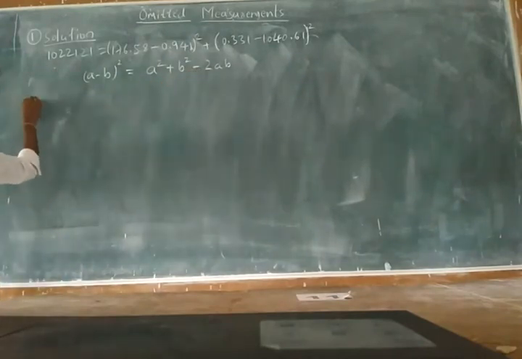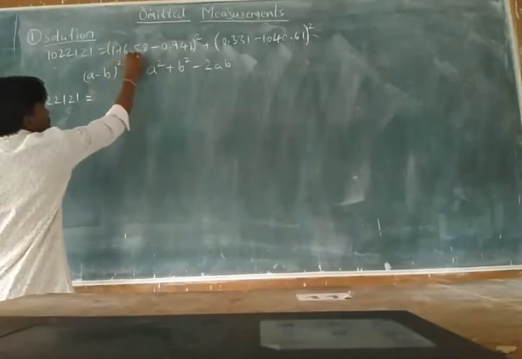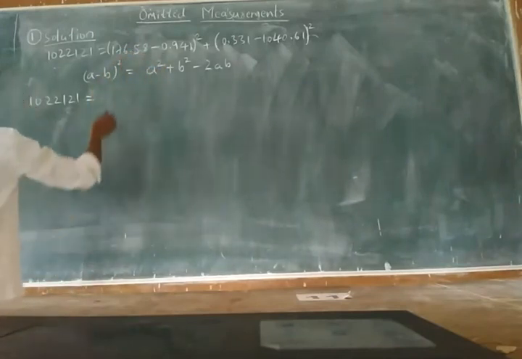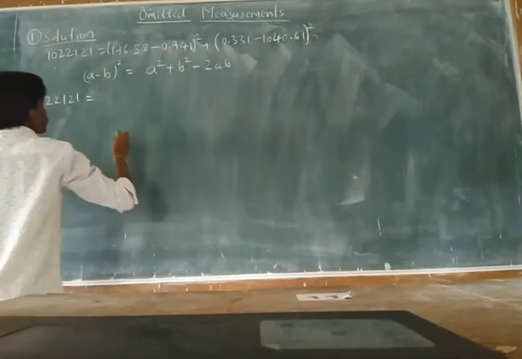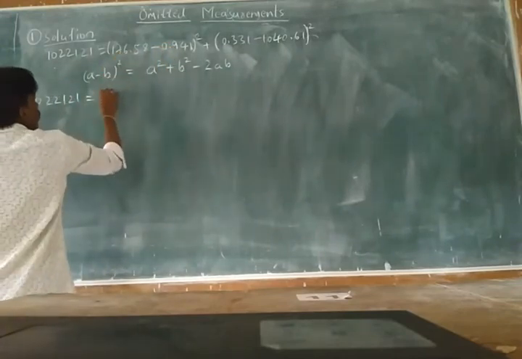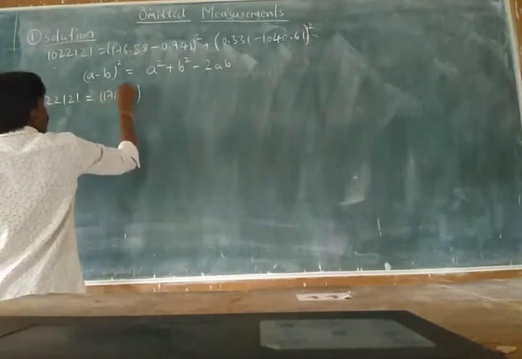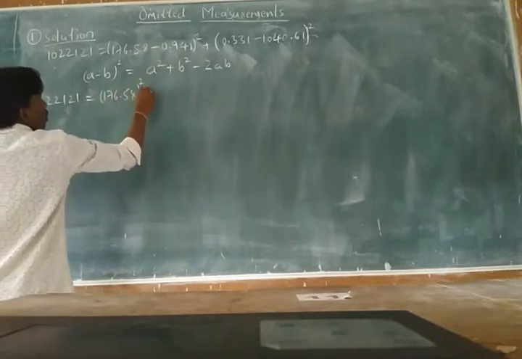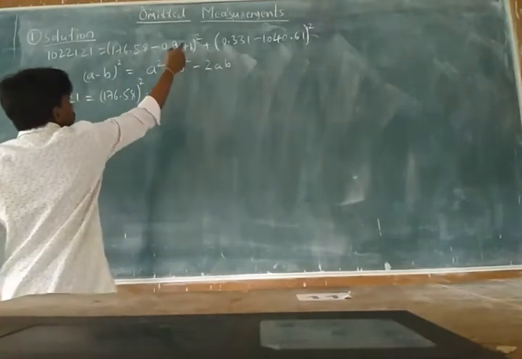So that it will become 1022121 is equal to, you have to split this in this manner. So this will be the a and this will be the b value. So for the a value, 176.58 whole square, that is a square, plus 0.94 L square.